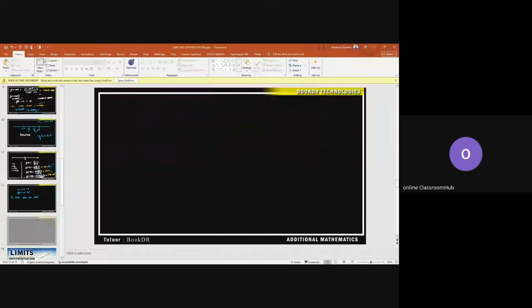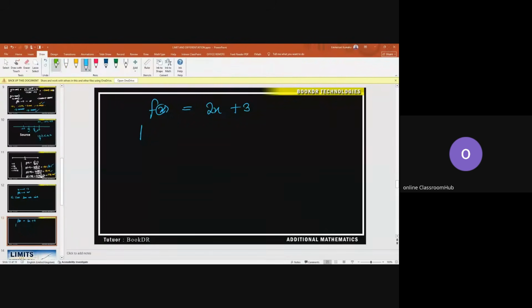This time around, we'll investigate a limit that exists. Let's pick the function f of x is equal to 2x plus 3. We want to investigate the limit of this function.